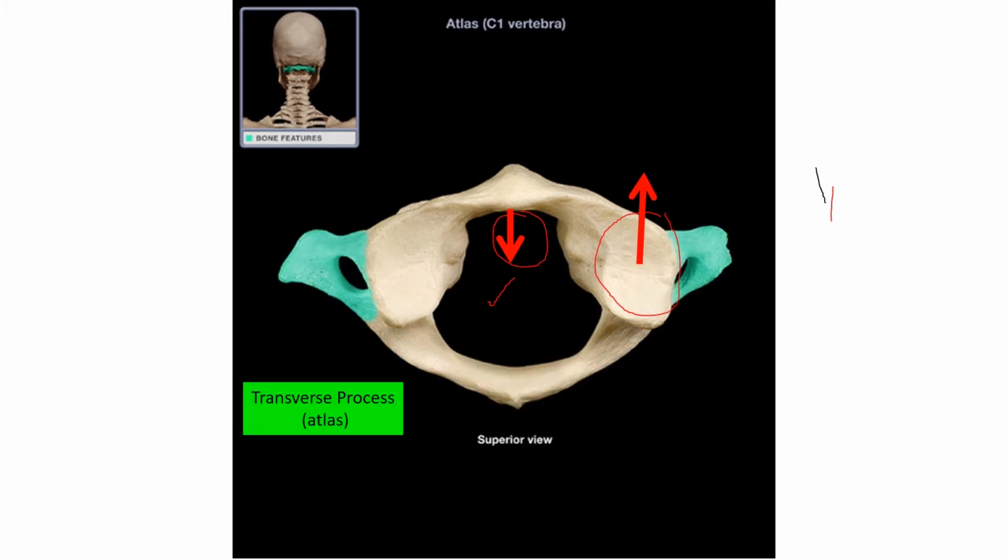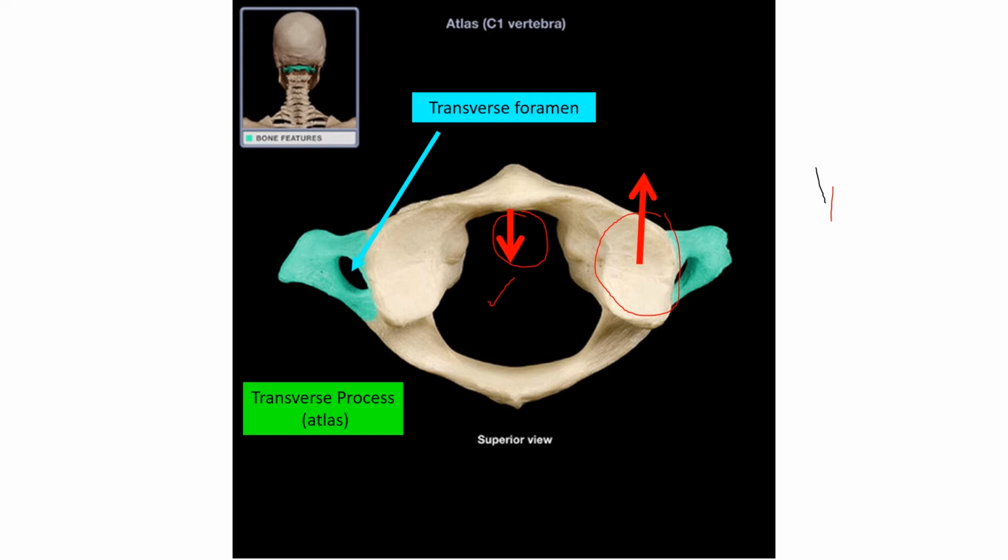We are in the process of collecting information from the atlas, the first cervical vertebra, and we can see that this is definitely a cervical because it contains a transverse process with a transverse foramen. And where is the body? There is no body.